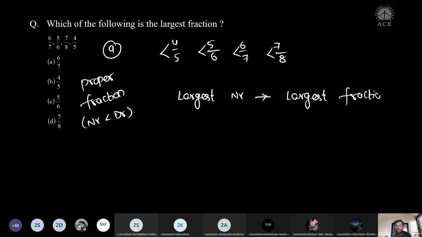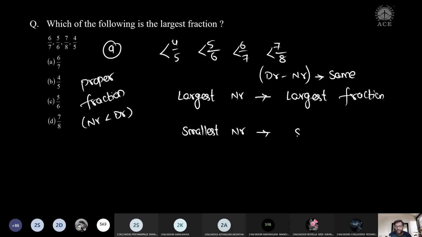Okay, you go with this when there is a common difference between numerator and denominator. It's not only one that is required. If the common difference is 2 or 3 between numerator and denominator and it is the same, then the largest numerator decides the largest fraction, and the smallest numerator decides the smallest fraction.